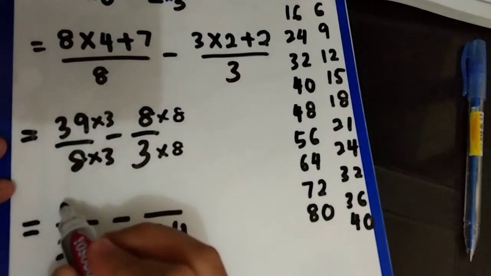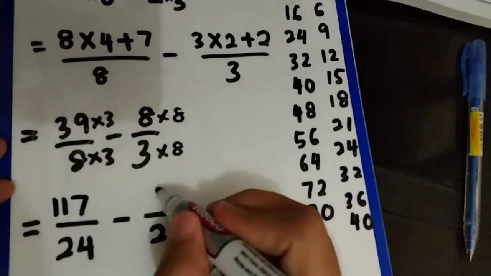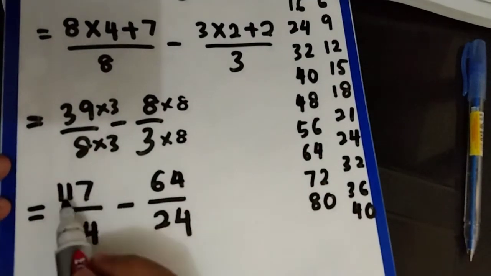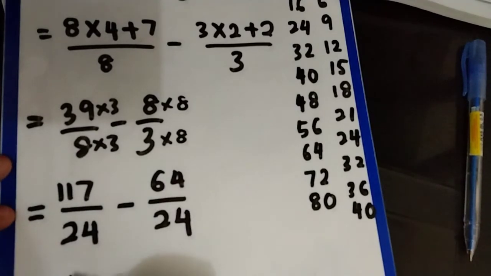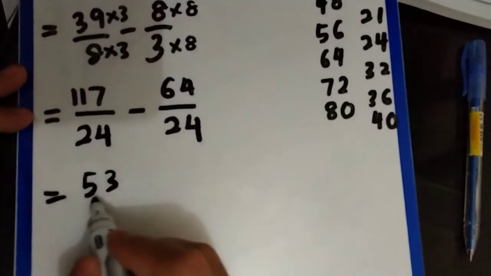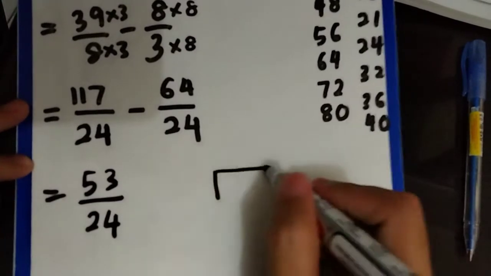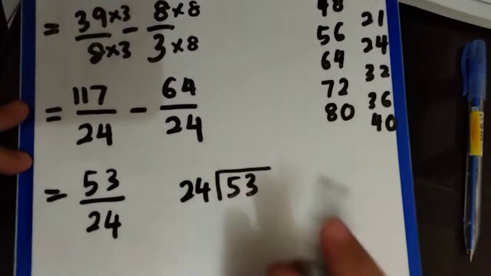So 39 times 3 is equal to 117. 8 times 8 equals 64. And then you just do subtraction. 117 minus 64 is equal to 53 over 24. This one is an improper fraction. Change it into a mixed number by division.